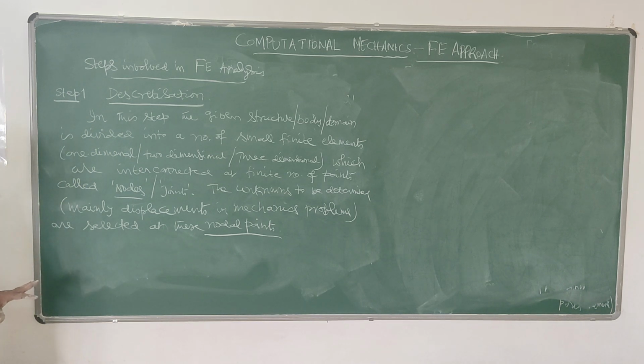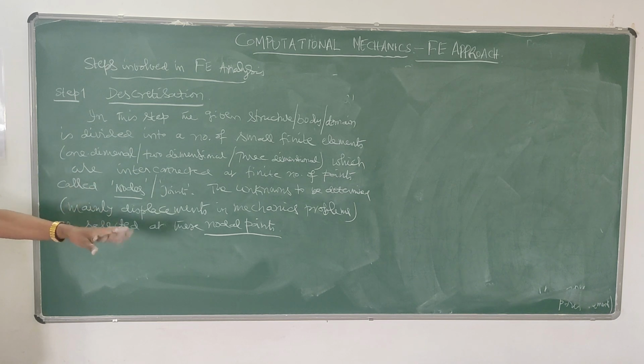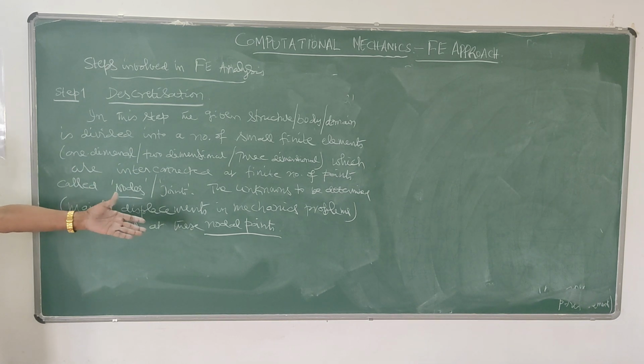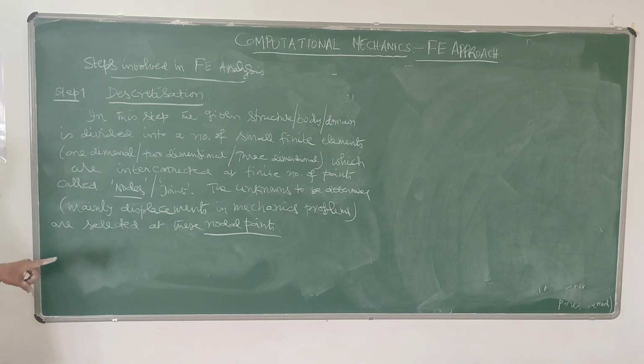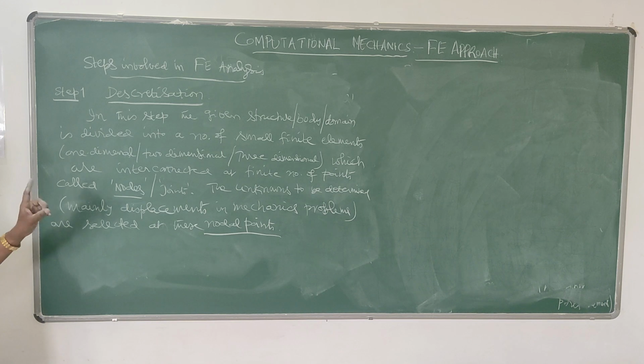Generally, in discretization, we have to remember, already I told, mesh refinement. So that is one type. That is mainly on the selection of loads, so that you can take care. Other points: we have to number these nodes or joints. How to number these nodes?